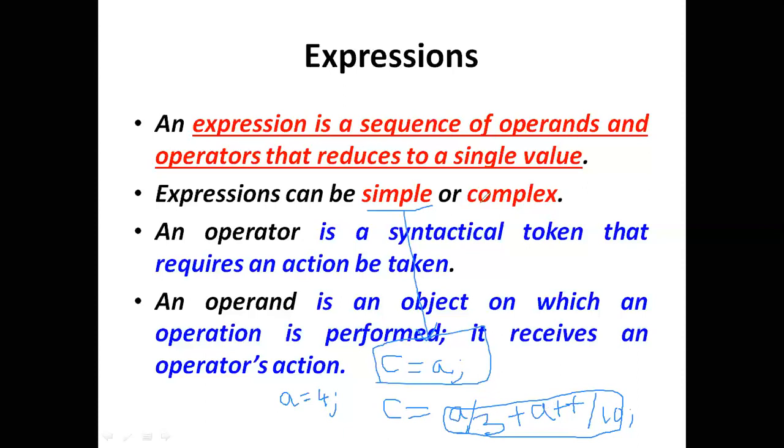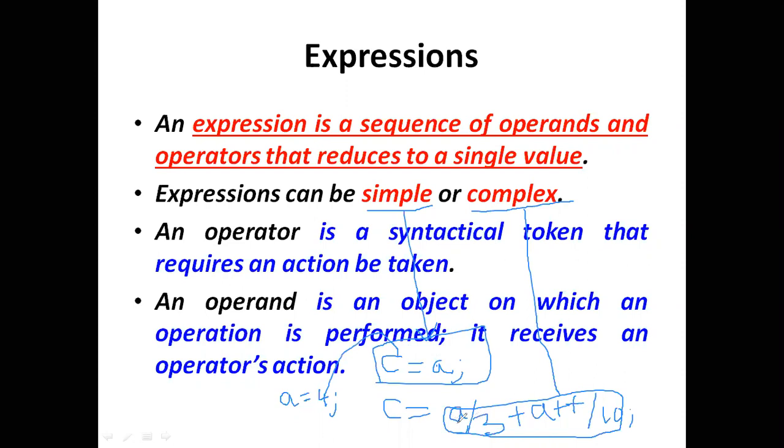This type of expression we are going to call a complex expression. Why is the first one simple? Because 4 is going to be assigned to c.